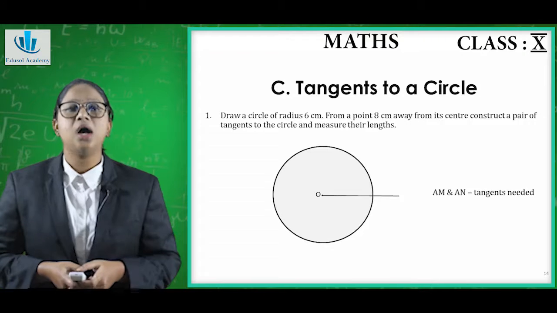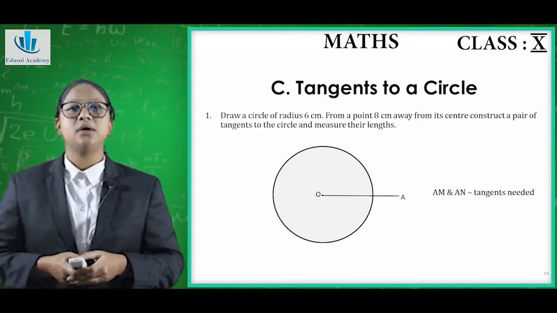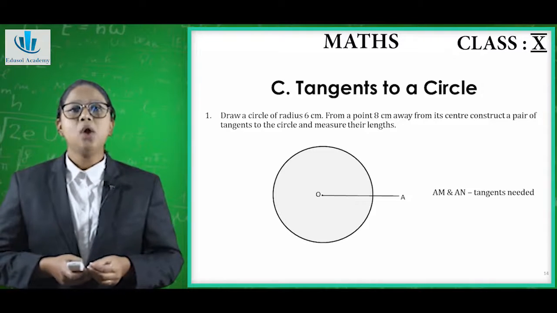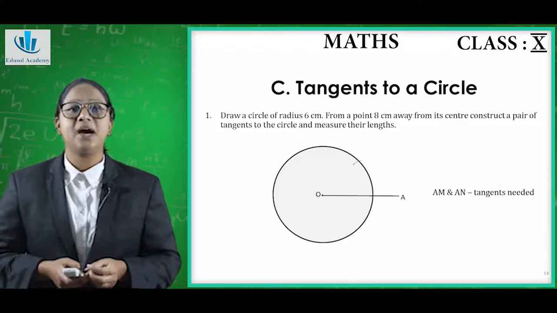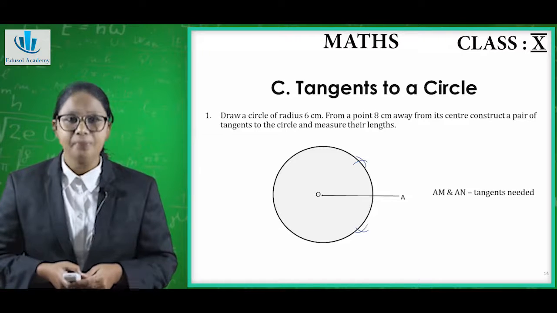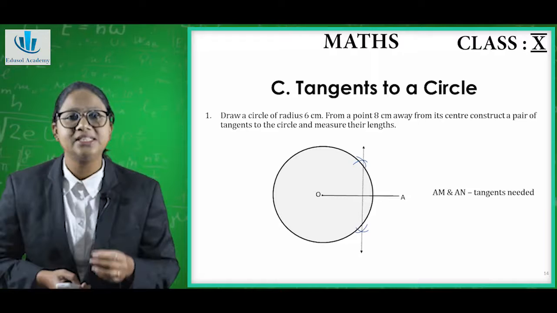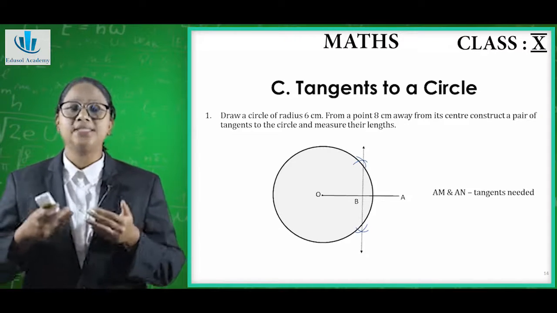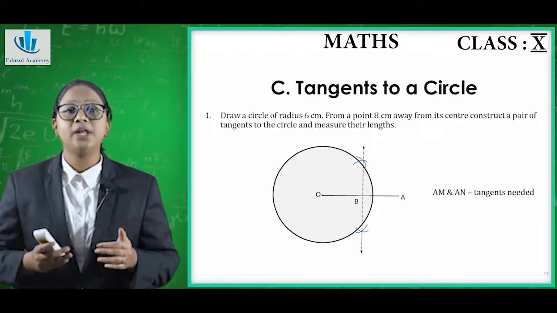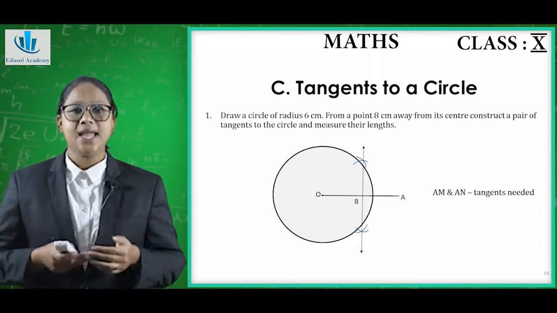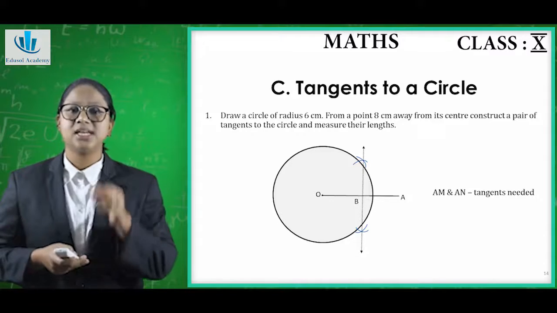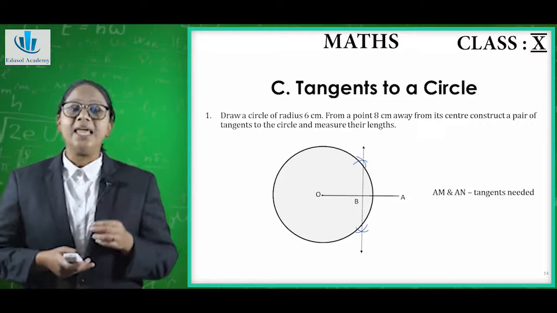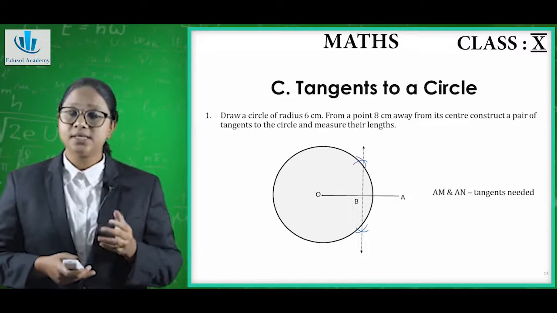We have to draw a line 8 centimeter OA, so that OA is equal to 8 centimeter. Now we shall draw perpendicular bisector to the line OA and name the point of bisection as B. We have drawn OA as 8 centimeter and drawn perpendicular bisector to OA, then named the point of bisection as B. Now with B as center and OB as radius, draw another circle.